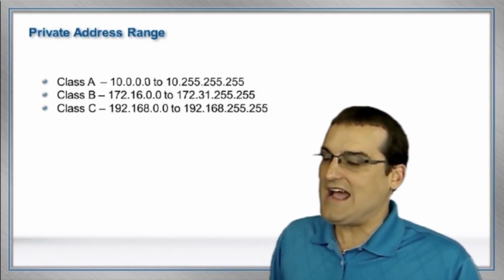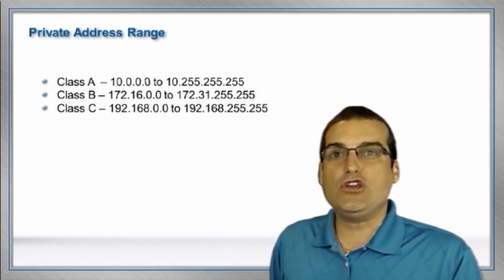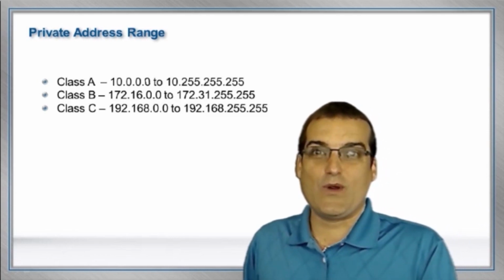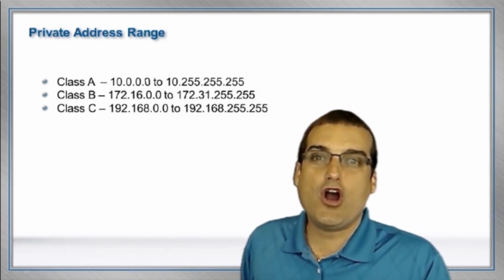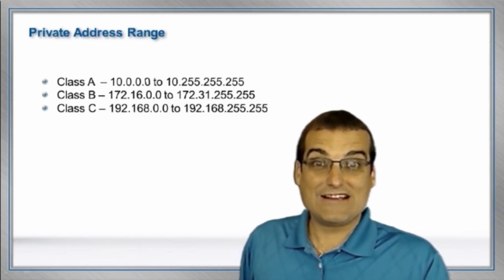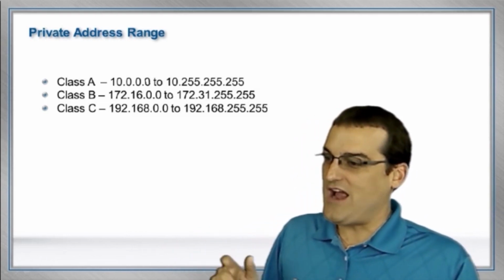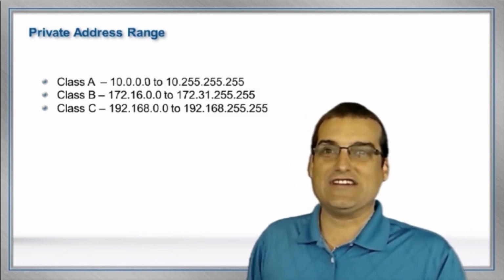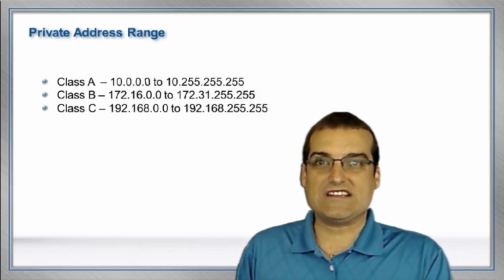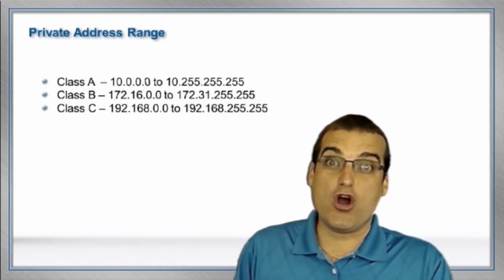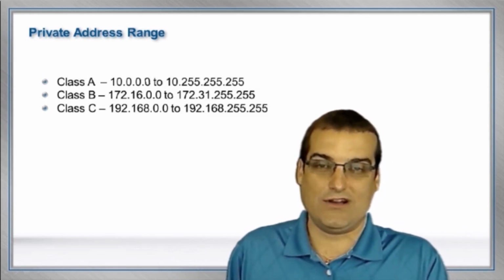These private addresses are for use as many times as we want inside private organizations, like your home or your company. That's right. You and all of your friends can, inside the privacy of your own home, use these addresses all you want. A router that's connected to the internet knows not to route these out onto the internet.